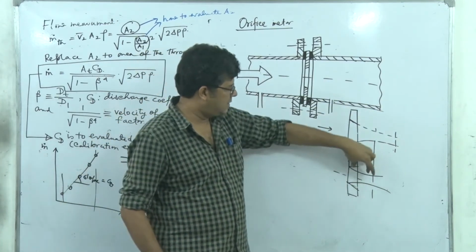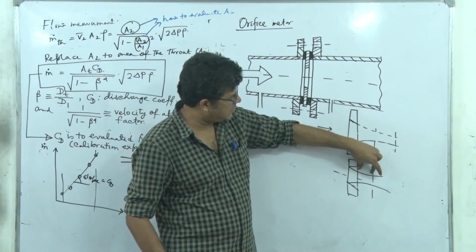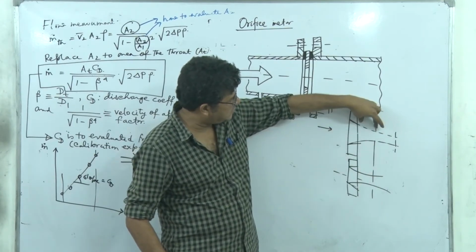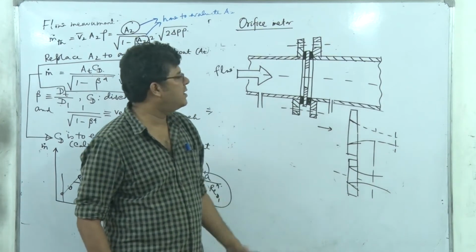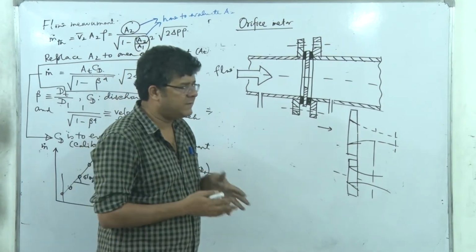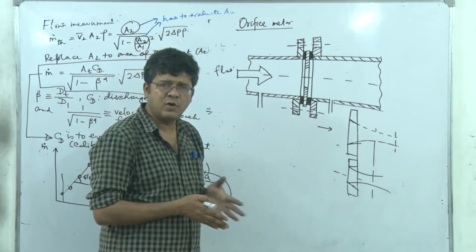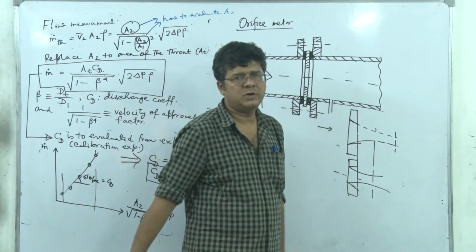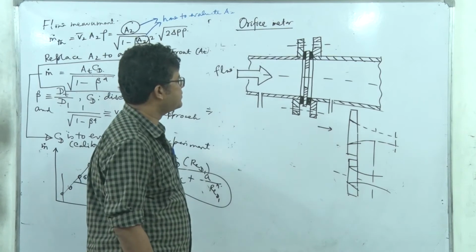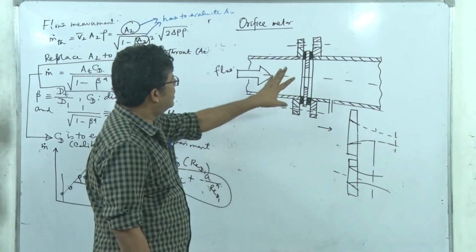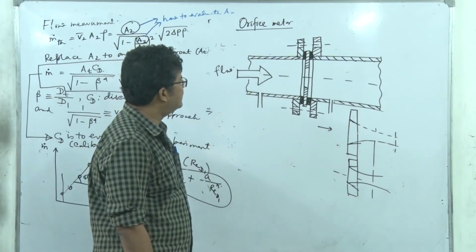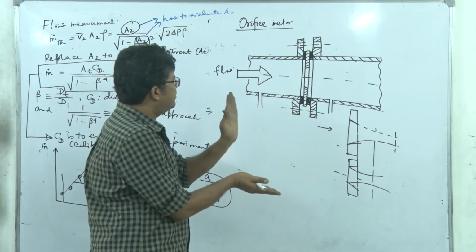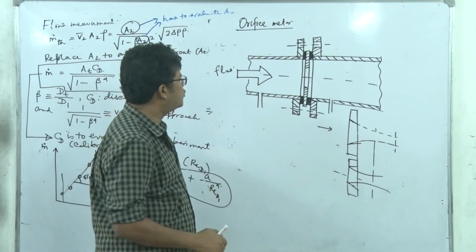Your head loss here, because of this separation and all, for traversing this much of length, will be minimal. And you want the Vena Contracta to be formed close to that orifice plate, and that's why it should be beveled outward, right? So that's the basic reason.